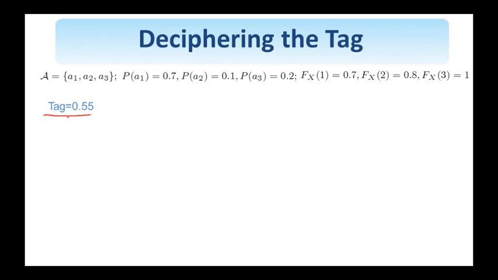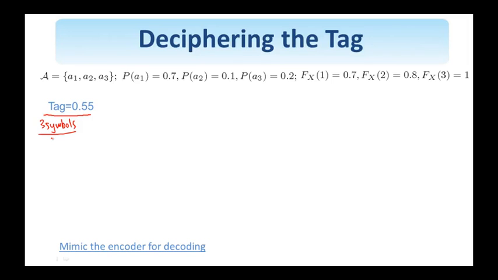In addition to the tag, we are of course given the number of symbols in the sequence: 3 symbols were encoded. The main idea in deciphering the tag is to mimic the encoder.